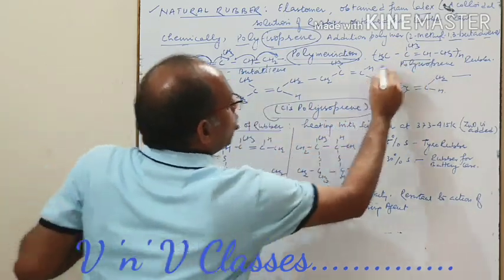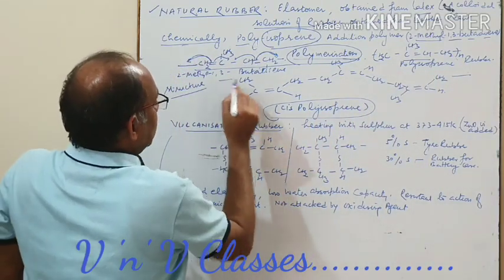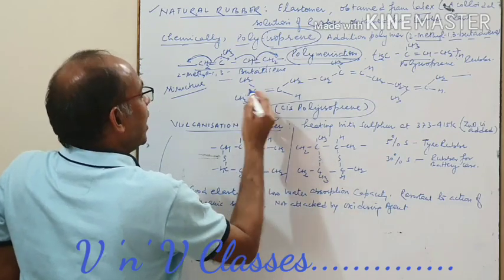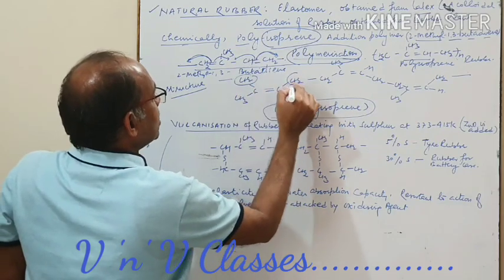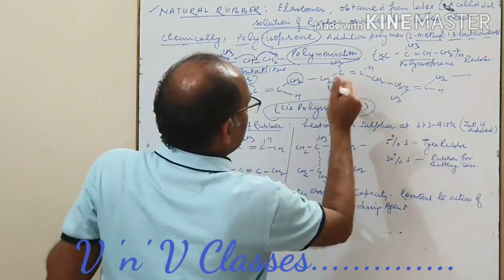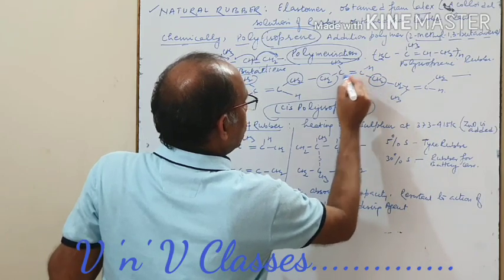This is the monomer unit. Now you find that this is a double bond between two carbons, and on one side two similar groups, that is CH2, are on one side of the double bond. In this unit, two similar groups CH2 again on one side of this double bond.